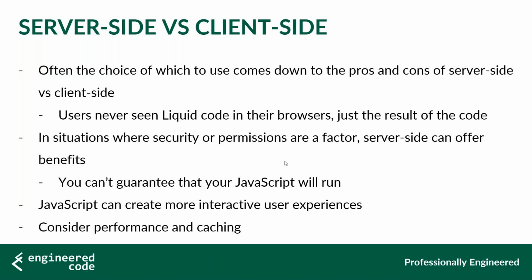That's going to be really important for certain situations where security or permissions are important. Now, with client-side code, the client is the user's browser. So client-side code, JavaScript, is sent from the server to the client, and then the code itself is running within the browser.